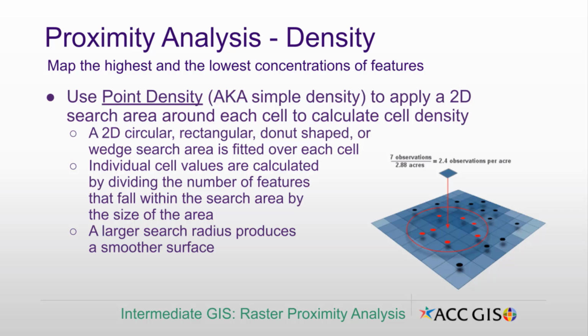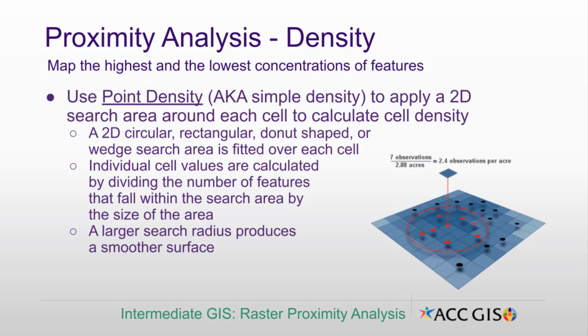Now, the point density geoprocessing tool, also known as simple density, applies a 2D search area around each cell to calculate cell density. The search area can be circular, rectangular, donut-shaped, or wedge-shaped, and it's fitted over each cell. Individual cell values are calculated by dividing the number of features that fall within the search area by the size of the area.